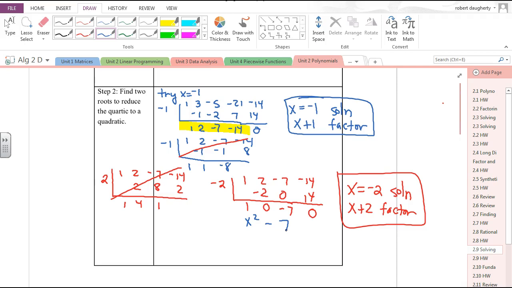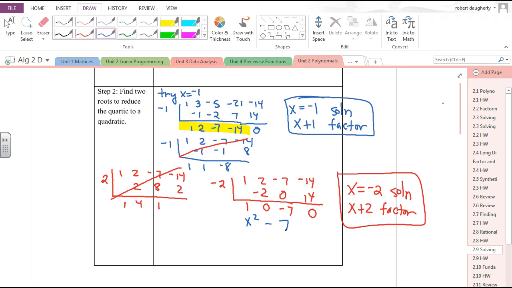So we do the first one and then we just do another one with the same root, like the same negative 1. Well, if it works one time, it might work twice. Just because it worked doesn't mean I've ruled it out. The only way I know it doesn't work is when I try it and it doesn't work. You could have a polynomial that's x minus 1 times x minus 1 times x minus 1.